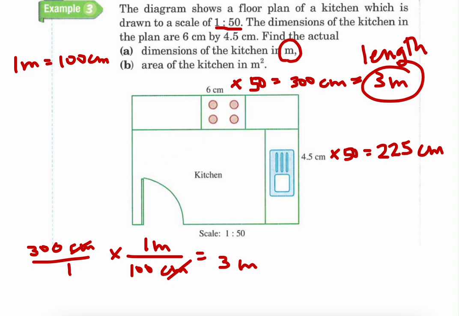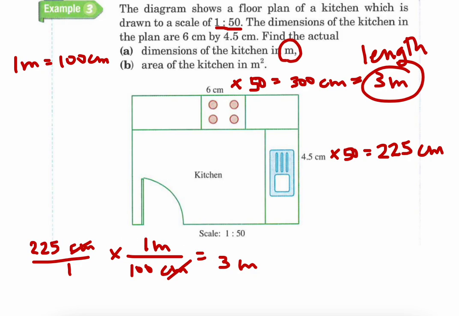So same thing as before, except now I have 225 centimeters. Change that into meters by putting 100 centimeters on the bottom so they cancel.